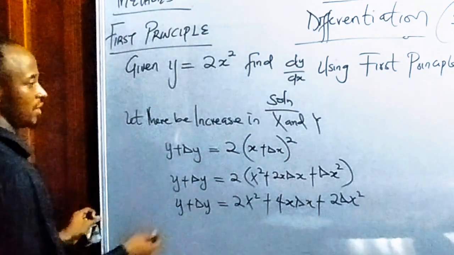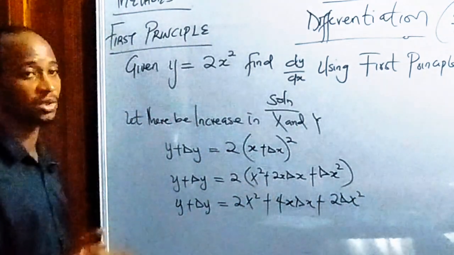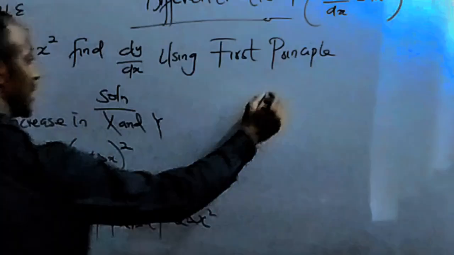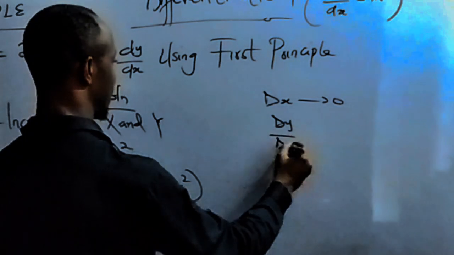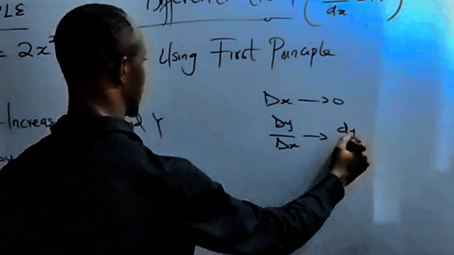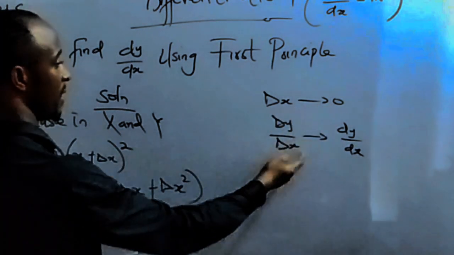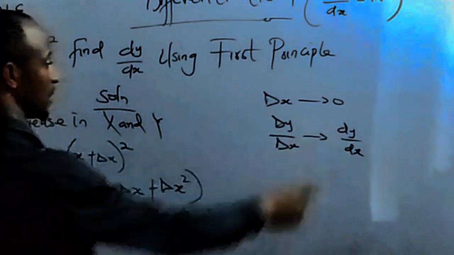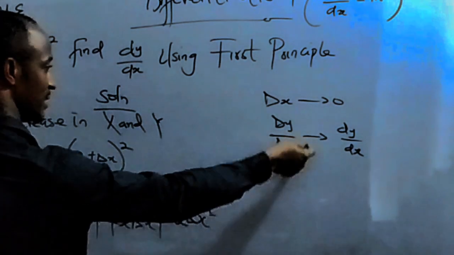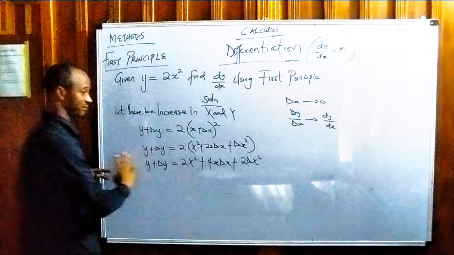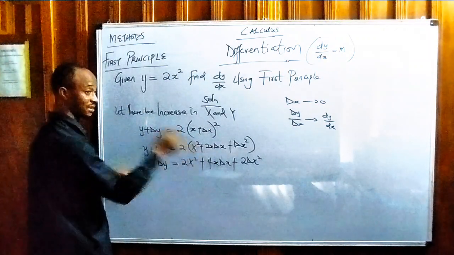Our aim is to find dy/dx, and in the second condition of first principle, as delta x is approaching 0, delta y over delta x is approaching dy/dx. That means that anytime delta x becomes 0, this becomes dy/dx. It simply means that for me to generate delta y over delta x on the left hand side, I have to move this y across to the other side.